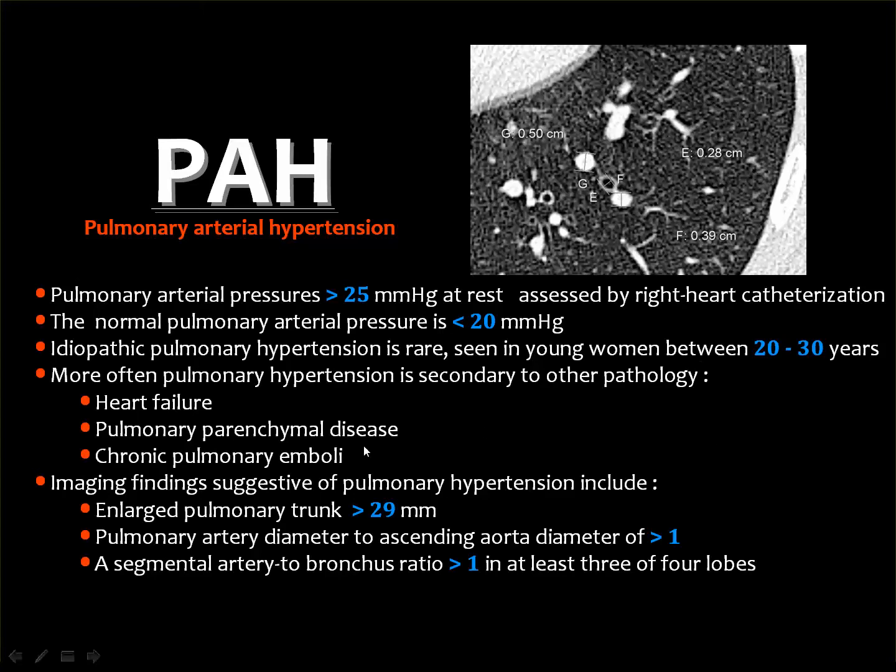There are many causes for pulmonary arterial hypertension, including the idiopathic type and other types that are usually secondary to a pathology present in the lung or in the circulation in general.